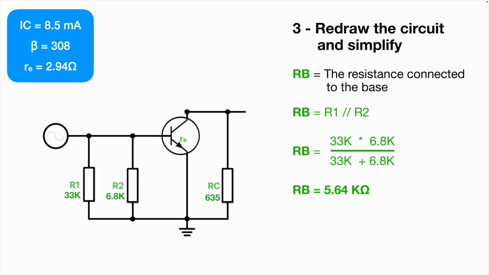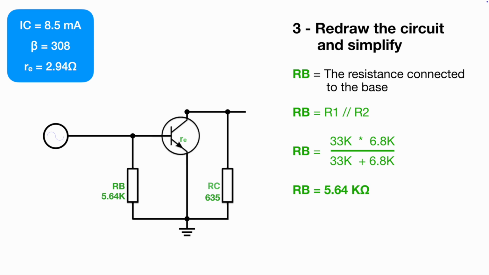And that gives us an overall resistance of 5.64 kiloohms. That is the parallel resistance connected to the base. So let's reflect that. So we take that off. We call this RB, and that's 5.6k.